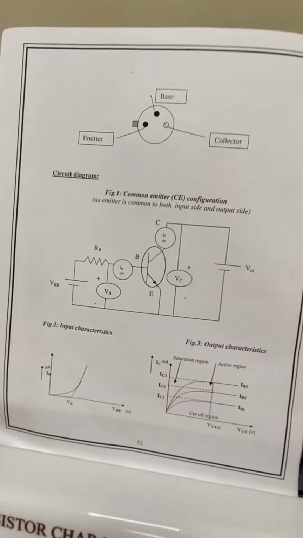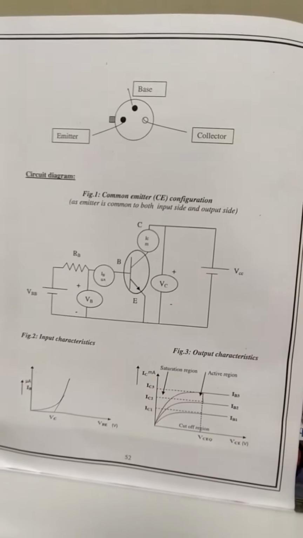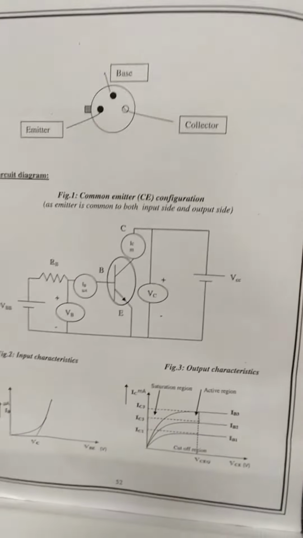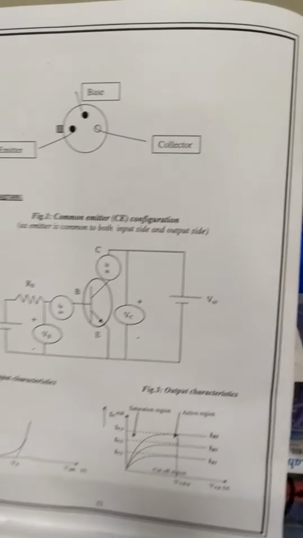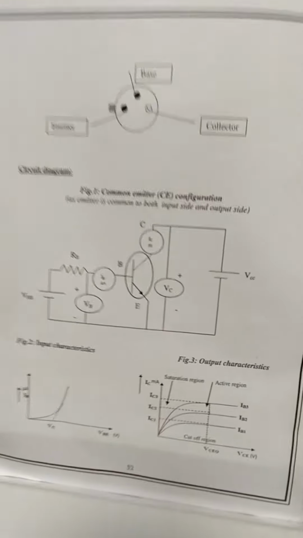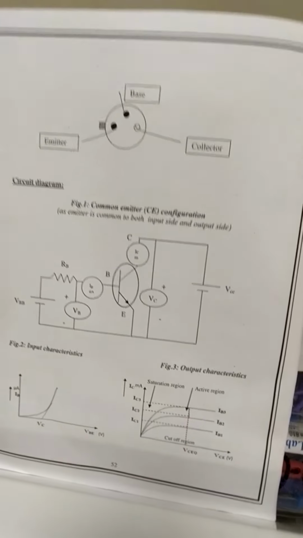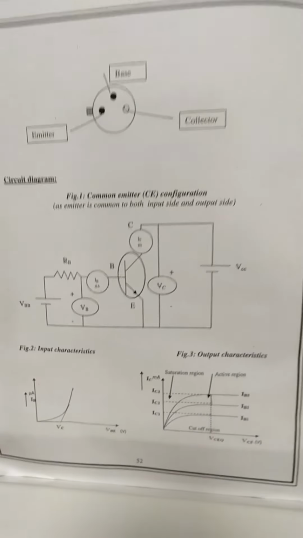The collector current IC is slightly less than the emitter current IE. Due to recombination of electrons at the base, a small base current IB flows through the base terminal. Therefore, the emitter current is equal to the collector current plus the base current.